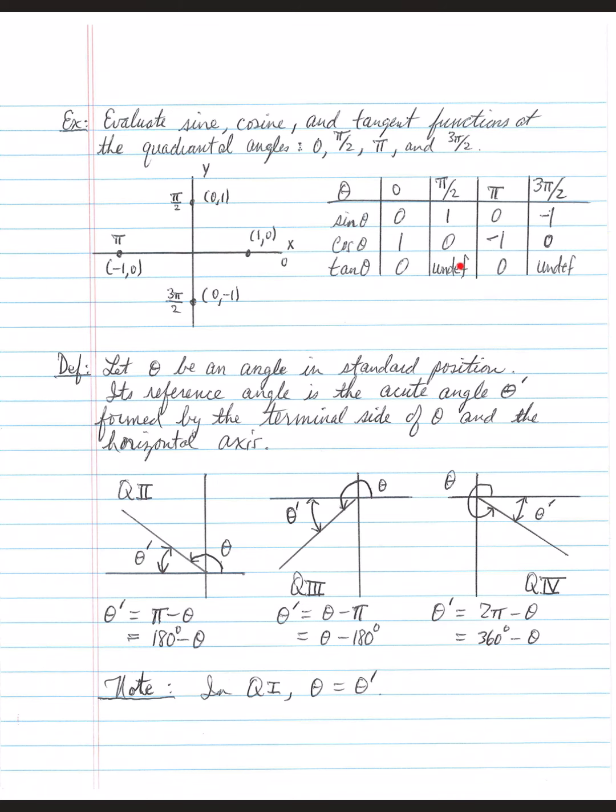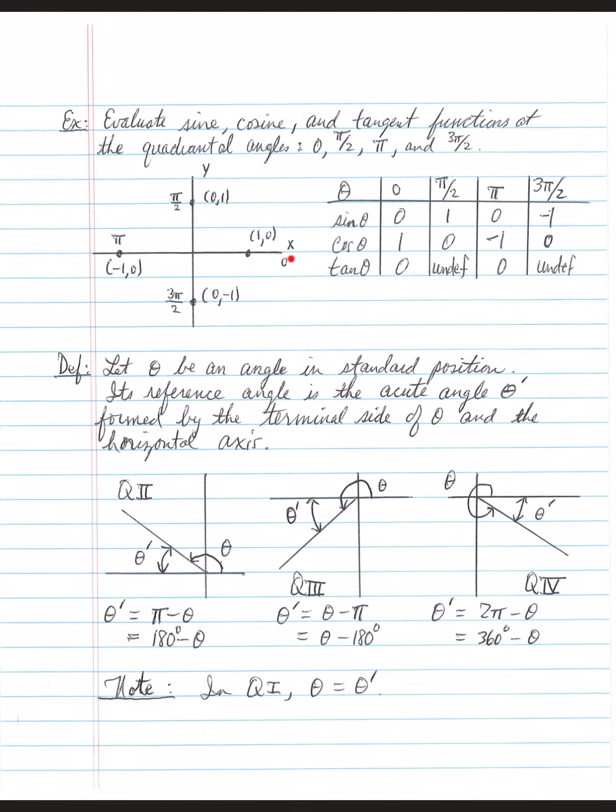Let's investigate these undefineds. At pi over 2, we are at the point (0, 1). Tangent is y over x. 1 divided by 0 is undefined. At 3 pi over 2, same case, y divided by x, negative 1 over 0, that's undefined.